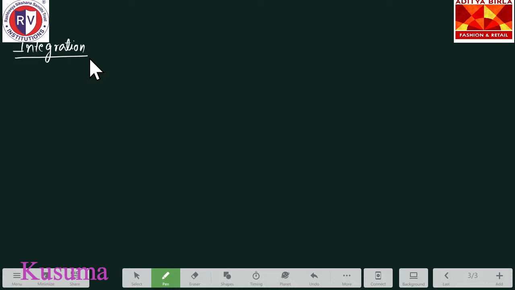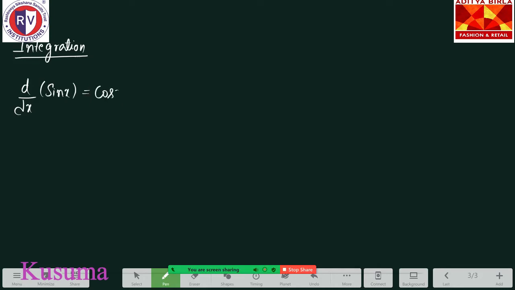So when we write d by dx of sin x is equal to cos x, that means integration of cos x dx will be equal to sin x plus c, because we can add a constant here, right?